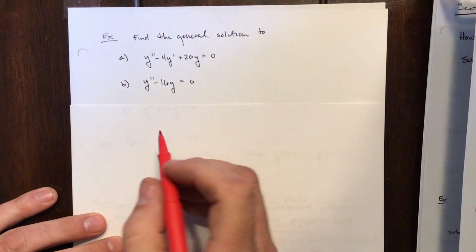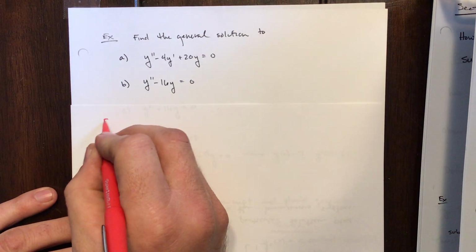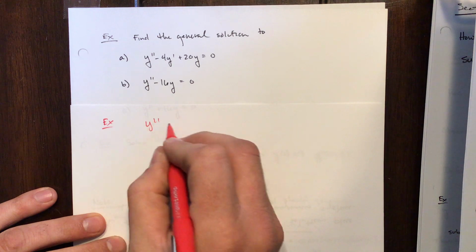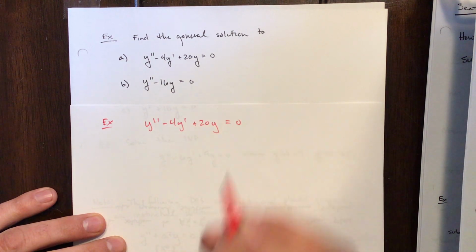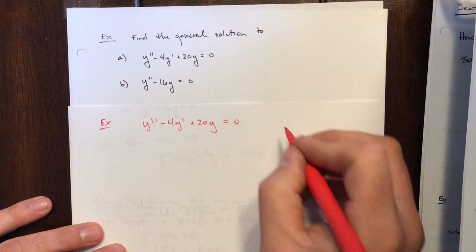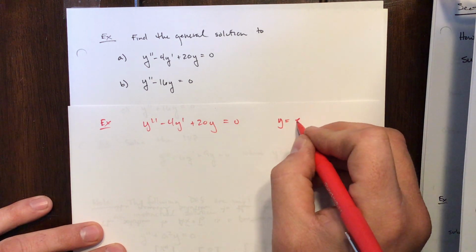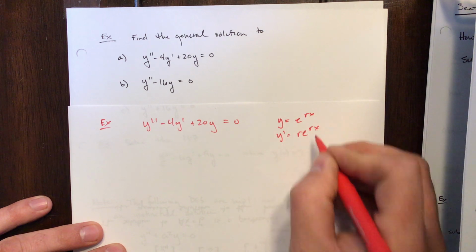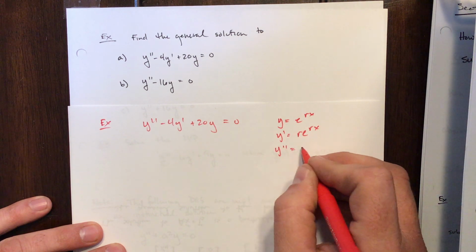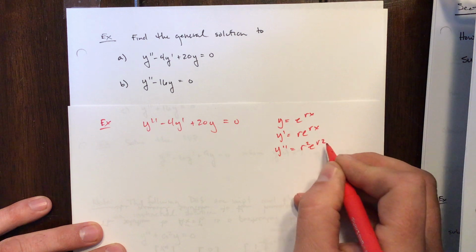So looking at letter A, we have y double prime minus 4y prime plus 20y is 0. Okay, so we make the substitution y equals e to the rx, so therefore y prime is r e to the rx, and y double prime is r squared e to the rx.